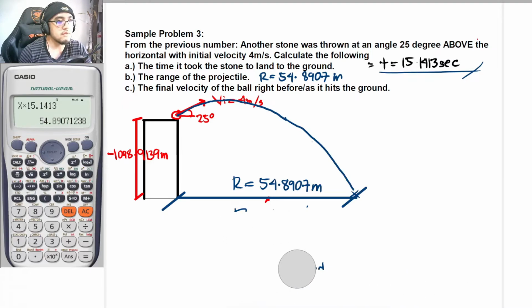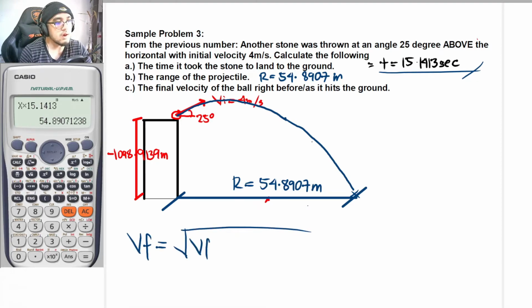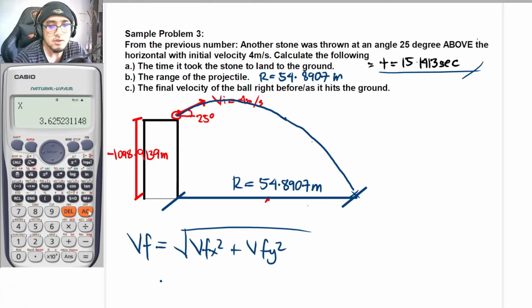Once again, for the final velocity, your final velocity Vf is equal to the square root of Vfx squared, or its x component, plus its, of course, y component. For its x component, that is basically the x component of our Vi, because once again, the x component of your velocity would be the same throughout the trajectory.